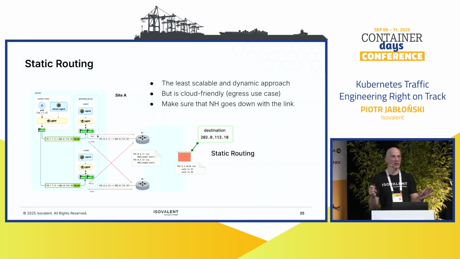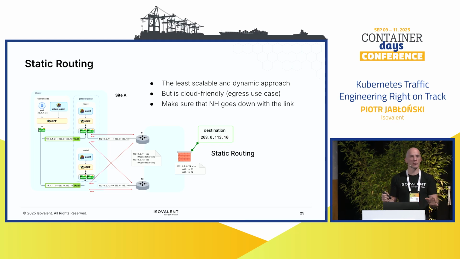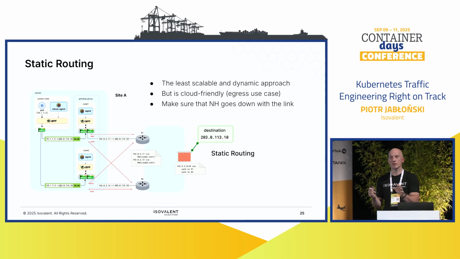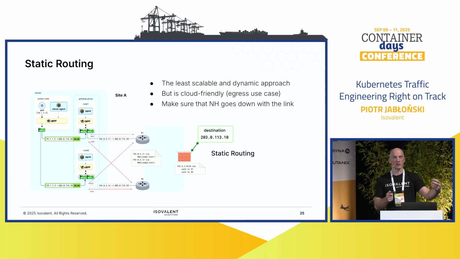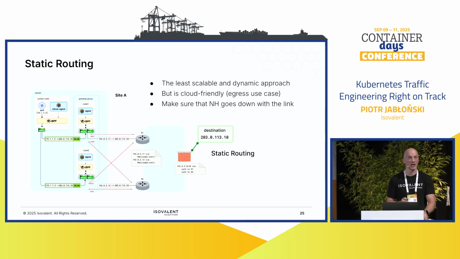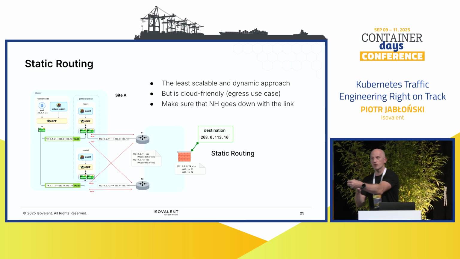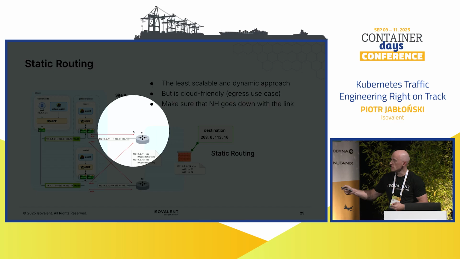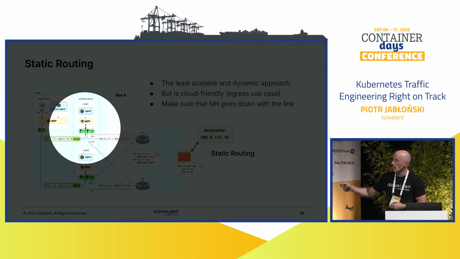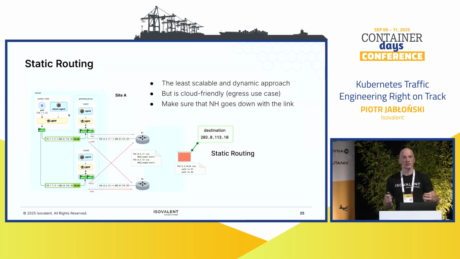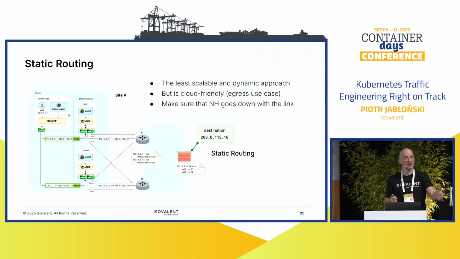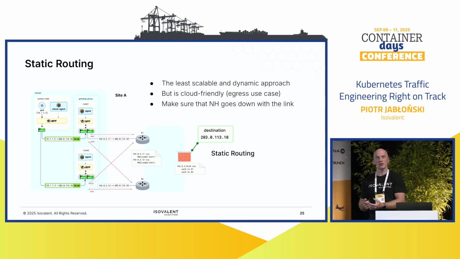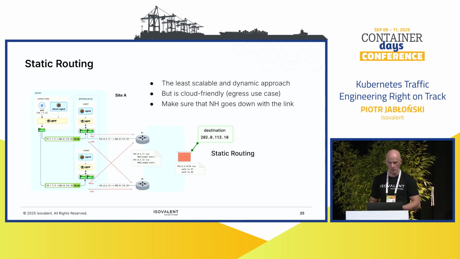I'm using some acronyms which are standard for networking, but if you don't know it, BFD is bidirectional forwarding detection, which is simply kind of probing. So this device can send probes to check if the gateway is still alive. So simple as that. And if there is no alive gateway, the static entry is removed. So static routing can be nowadays quite dynamic if you combine it with probing.